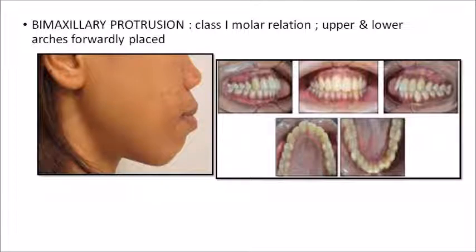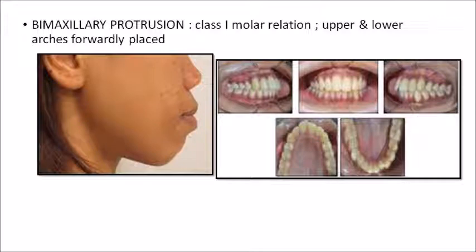What happens here is that in a bimaxillary protrusion, both the upper and lower arches will be forwardly placed and the incisors in both arches will be proclined. This is a special condition and we specifically mention these cases as Angle's class 1 malocclusion with bimaxillary protrusion, where both the arches are forwardly placed and there is proclination of both upper and lower incisors.